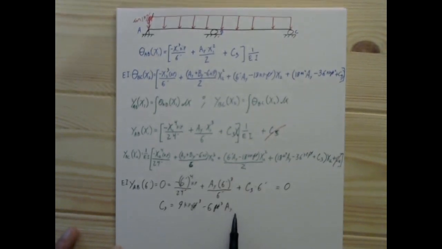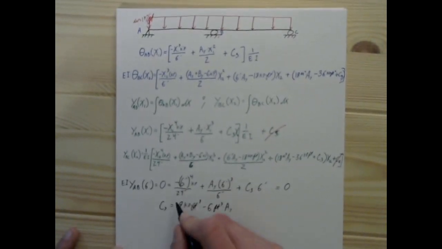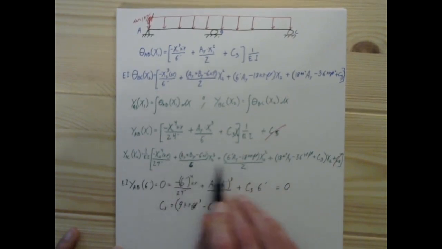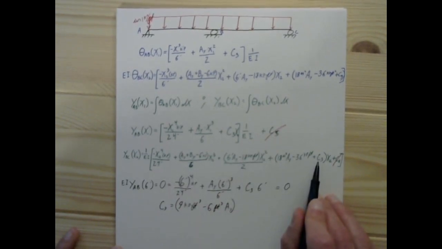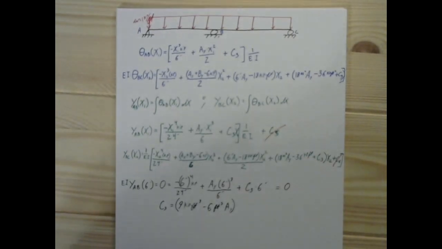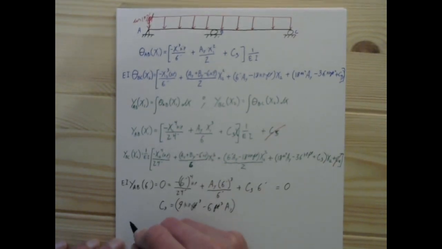It's still a function of AY, but now that we've done this, we've reduced the number of variables we're working with. We can use this instead of C3, for example, up here. Now this is going to be very long, but it's just one equation, just one polynomial. Let's just go for it.